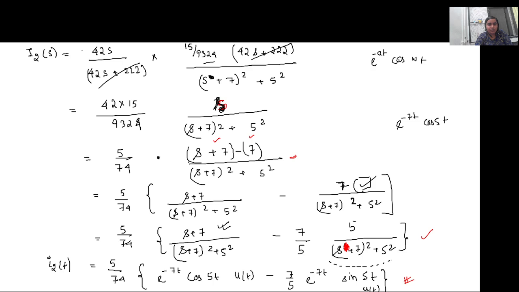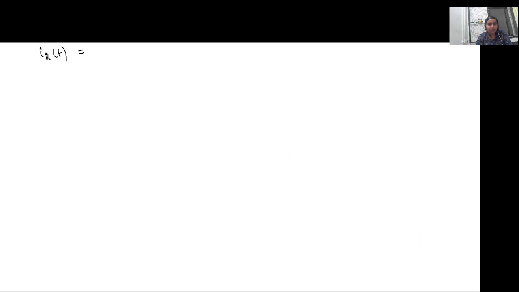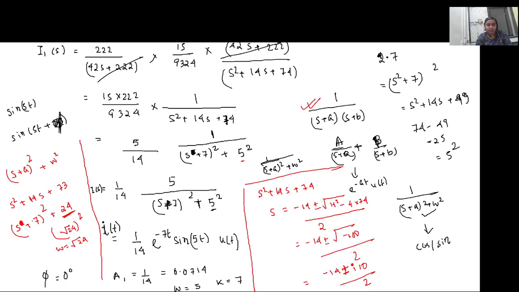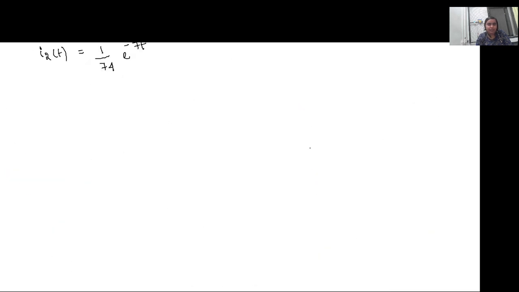Outside there is 5 by 74. E to the power minus 7t is there in both the terms, and u of t is there. These two things I take outside, because they don't come in the cos or sine formula.